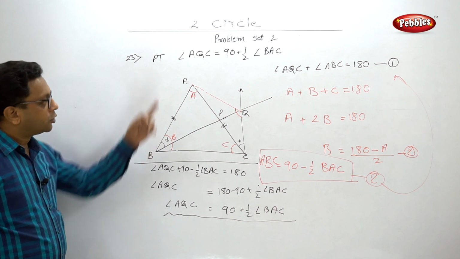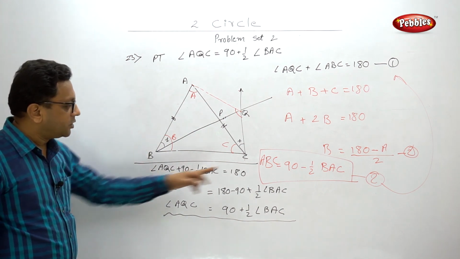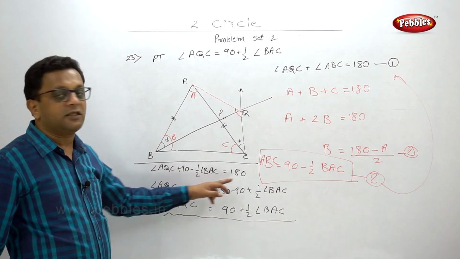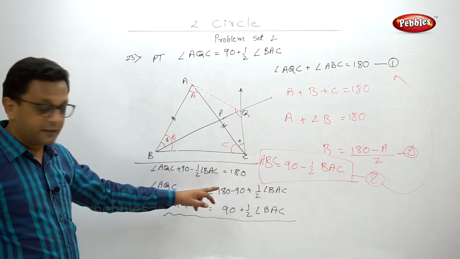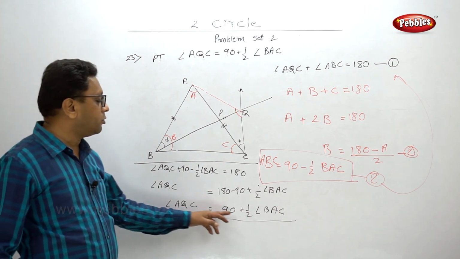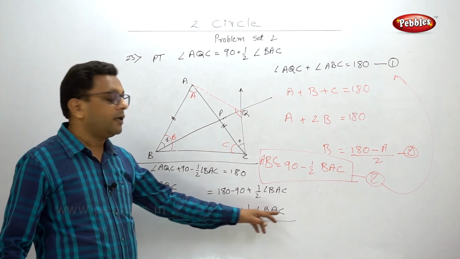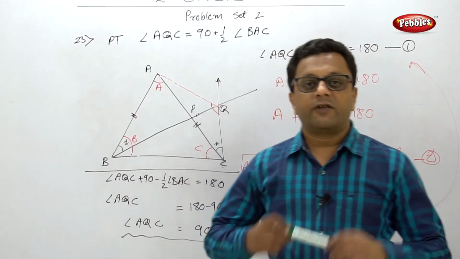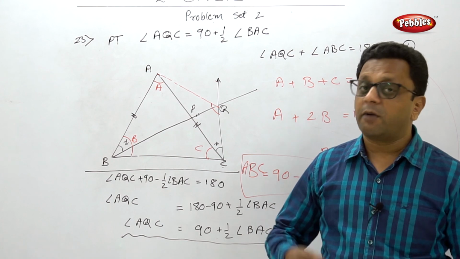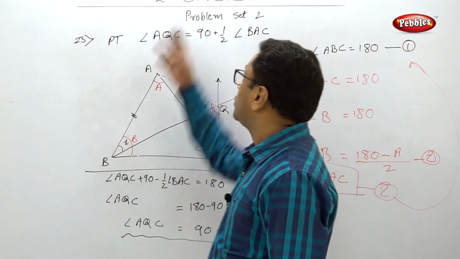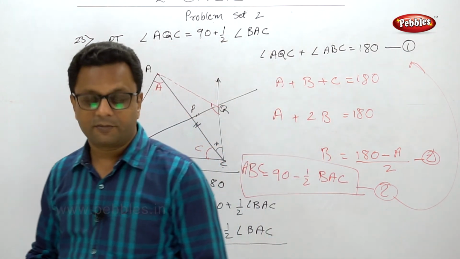So angle AQC plus 90 minus half of angle BAC is equal to 180 degrees. Solving this, we will get angle AQC is equal to 90 plus half of angle BAC, which is proved. So with this example, we are hereby finishing problem set 2 and also chapter number 2, Circle. Thank you very much.